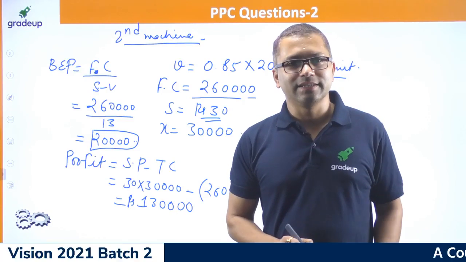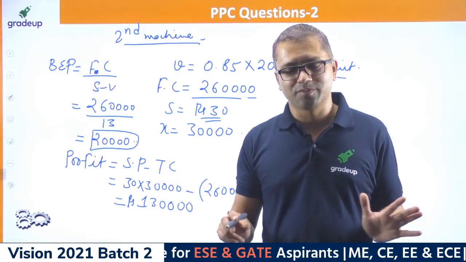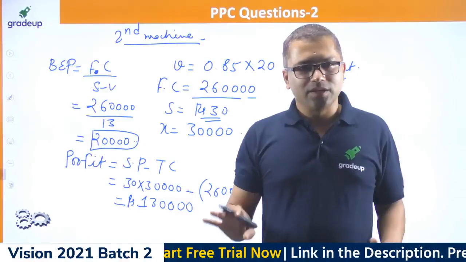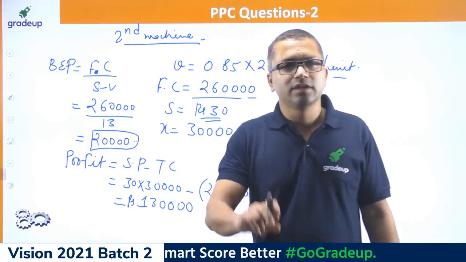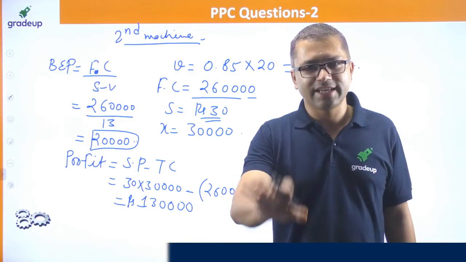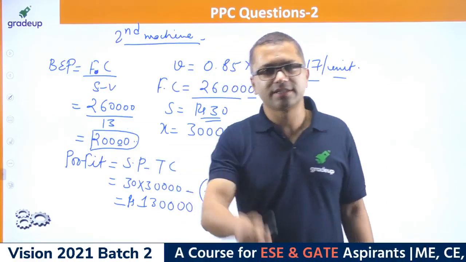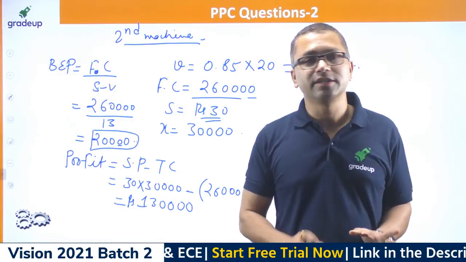Yes, exactly. Just forget about these words, no profit, no loss. Just take them out of your dictionary. You need to sell more than 20,000 units to make profit. That is the meaning of this 20,000.